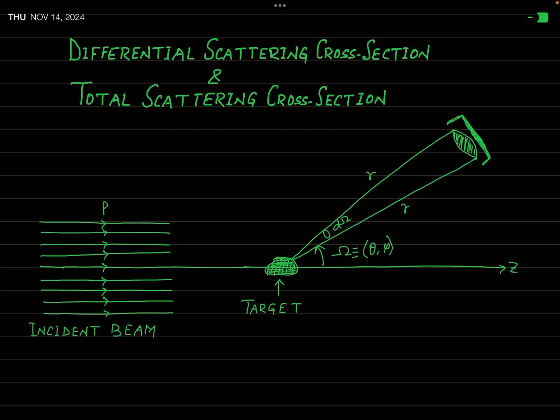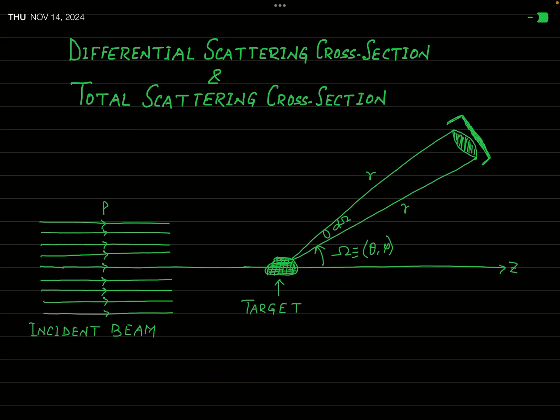Actually, whenever you talk about a scattering, definitely there should be an experimental arrangement. In this figure, schematically, I have shown a very simplified version of an experimental arrangement for any scattering problem. When you talk about a scattering experiment, there are three important parts. First of all, you must have a target on which we will strike a beam of particles.